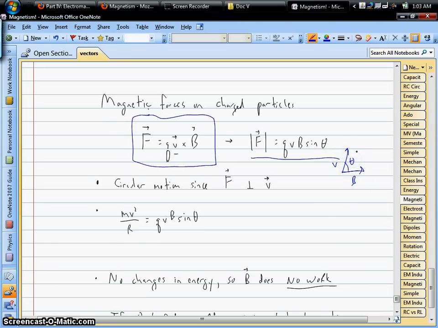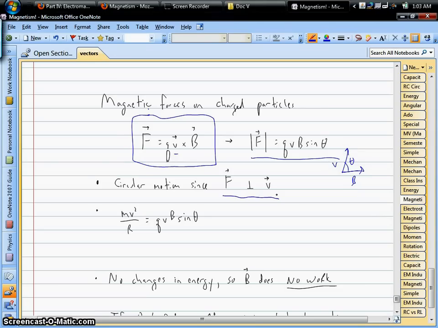We can always find the magnitude of cross products for any vectors with the sine of the angle. Now note that the important part here physically is that your force and the motion are always perpendicular to each other. Okay, now the consequence of that is you have these particles flying around in circles.